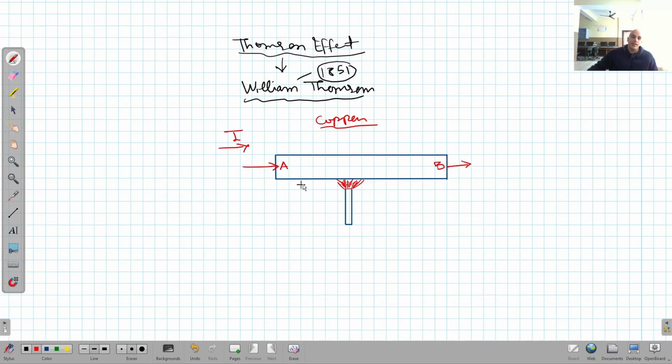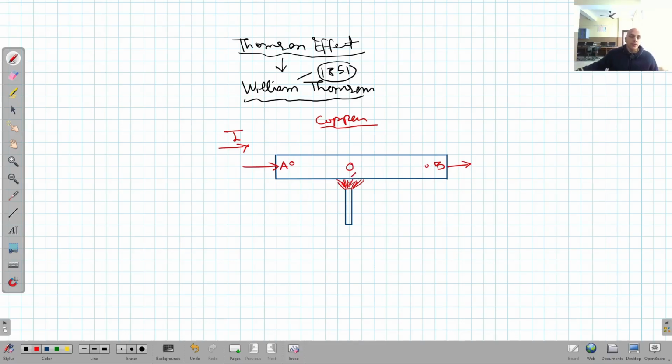Now we can see here that obviously the temperature is higher at this part, before the passage of current, as compared to this part. This is at low temperature, and this is again at low temperature as compared to this point.